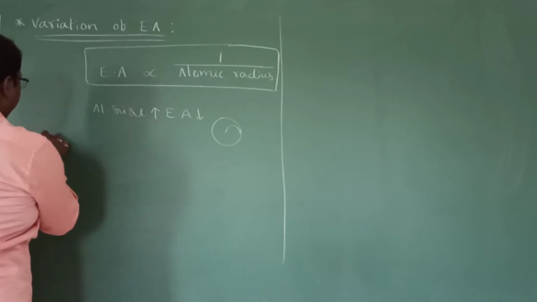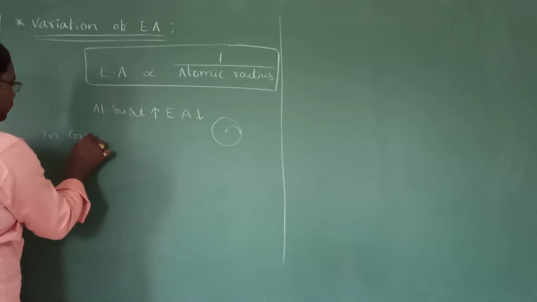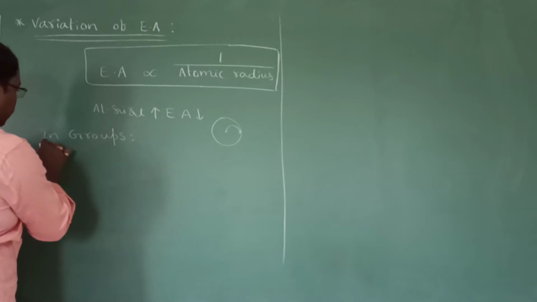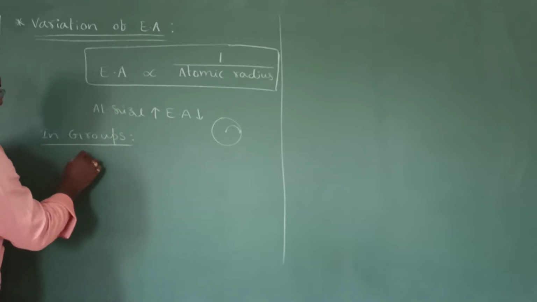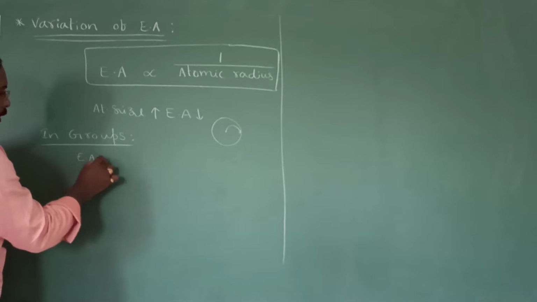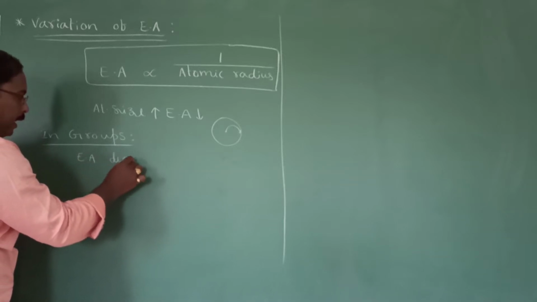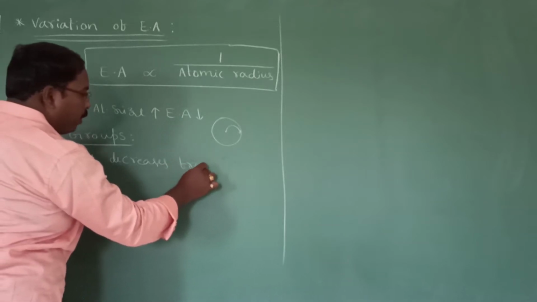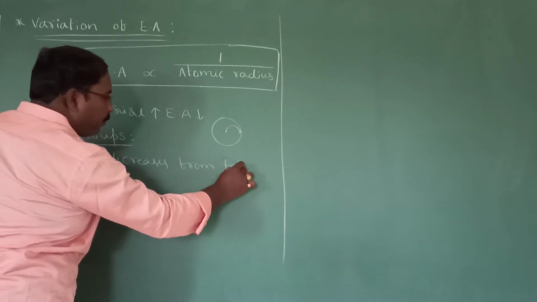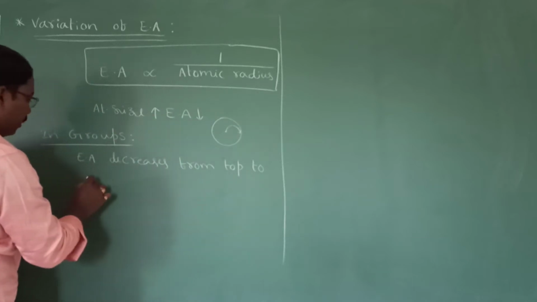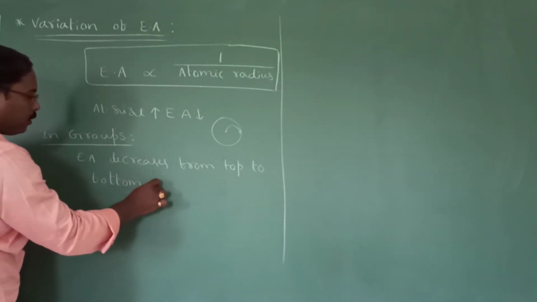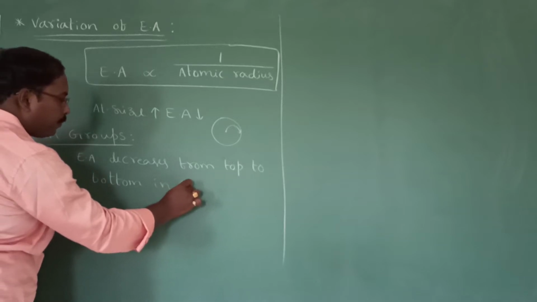So in groups, if you observe, electron affinity decreases from top to bottom in groups.